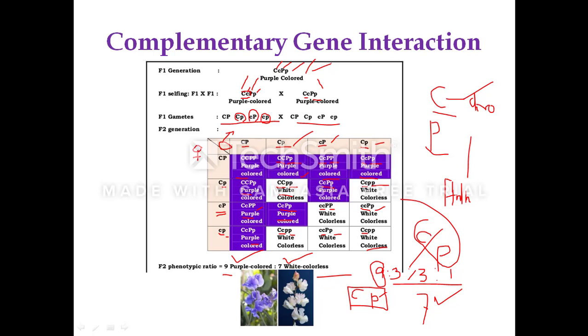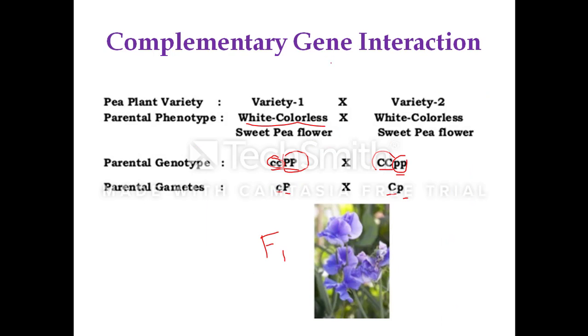The white flower plants should contain the recessive alleles of other genes along with one dominant gene. One white flowered plant has the genotype of capital C capital C small pp. The other has small cc and capital PP.